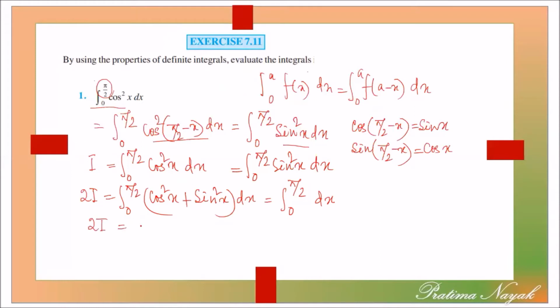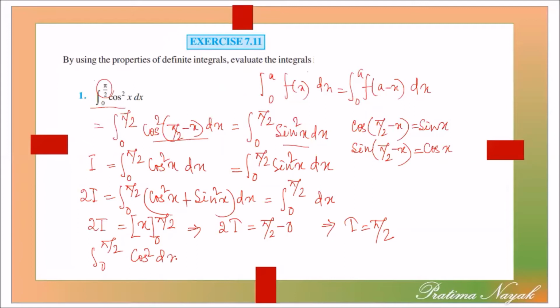And what is the limit? Limit is 0 to pi by 2. So 2I is equal to pi by 2 minus 0, or what is integral? Integral is equal to pi by 2. So 0 to pi by 2 cos square x dx is equal to pi by 2 into 2, that will be pi by 4.